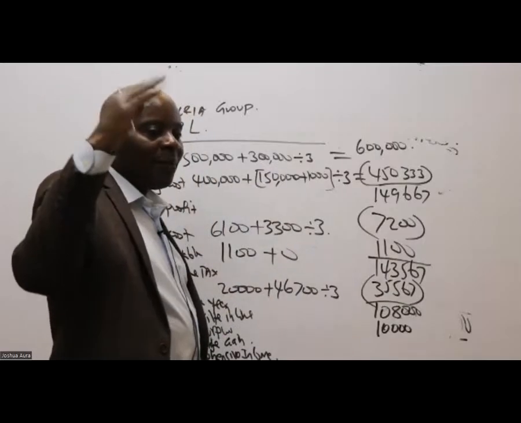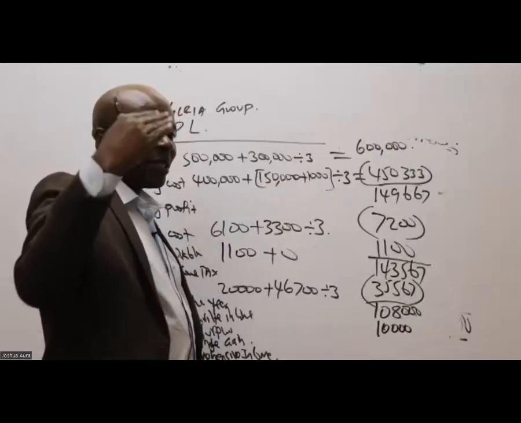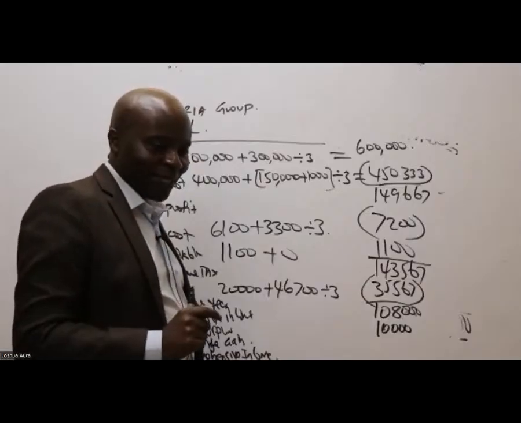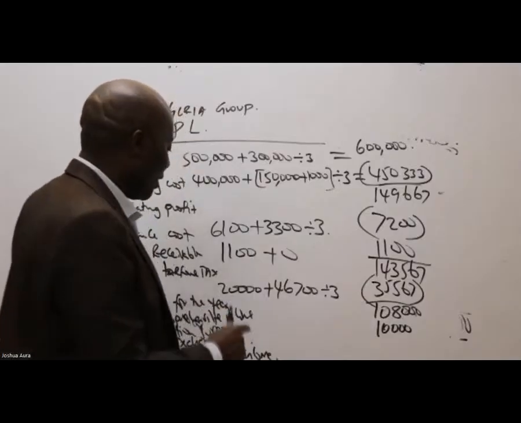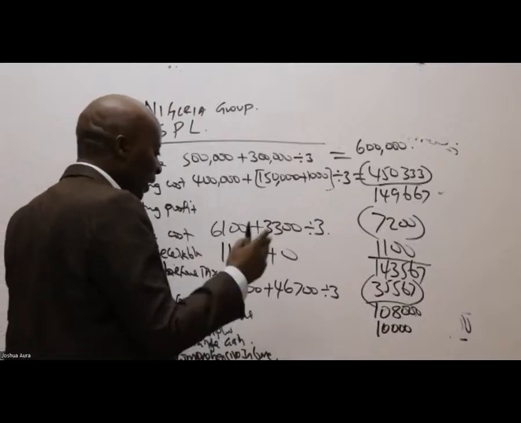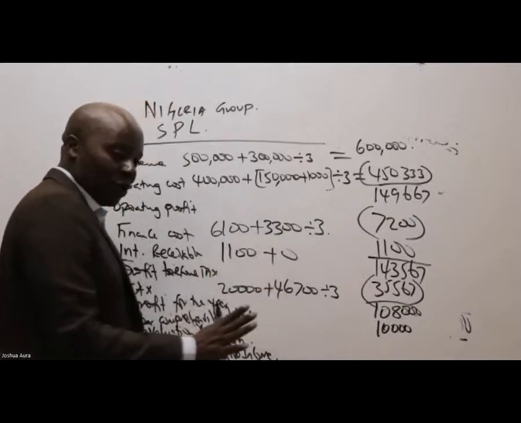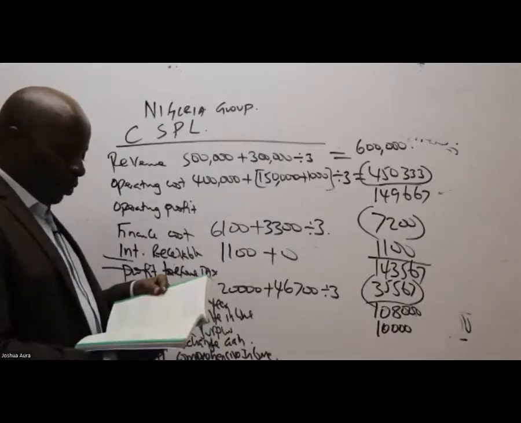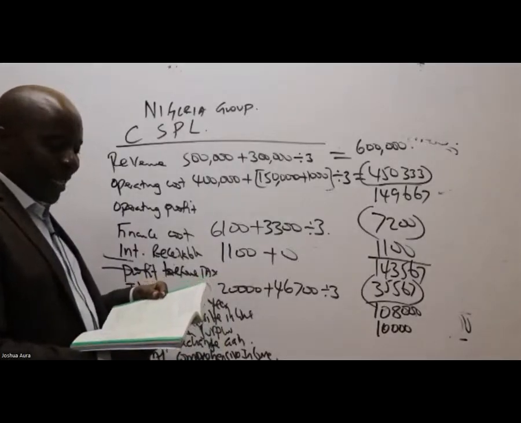We don't make any adjustments regarding depreciation on our revaluation account. We never do that. So this asset which was revalued upwards, 10,000, we simply pick it the way it is. And then now we have the last one, which is the group exchange gain.